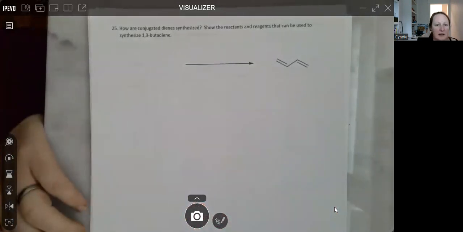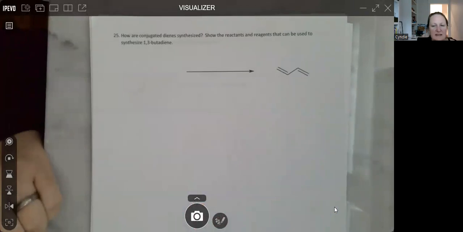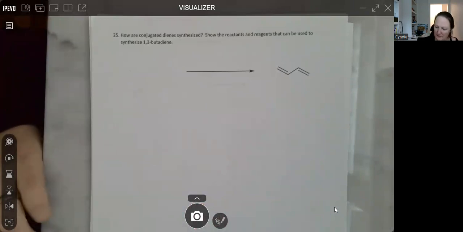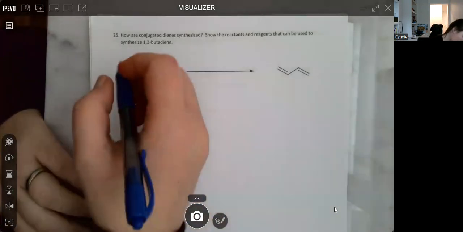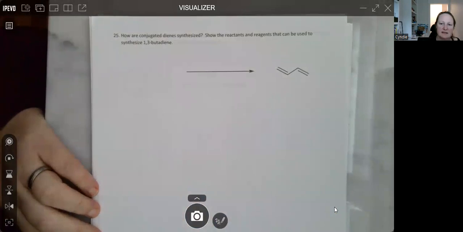Next question. How are conjugated dienes synthesized? Show the reactants and reagents that can be used to synthesize 1,3-butadiene. Okay, so typically they're synthesized through double elimination reactions.